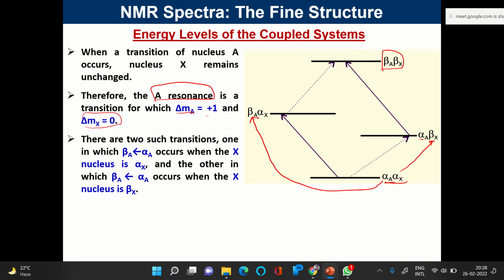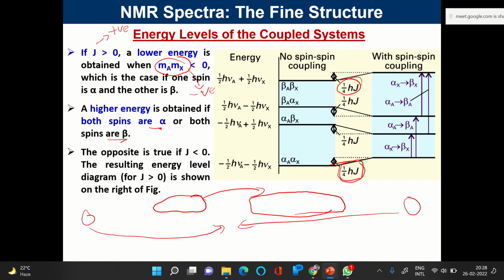So this is the situation that I already discussed in the previous one. If I am talking about a resonance at A, you will have this, and you will also have this, which is indicated by a bigger arrow, and this one a little bit smaller.